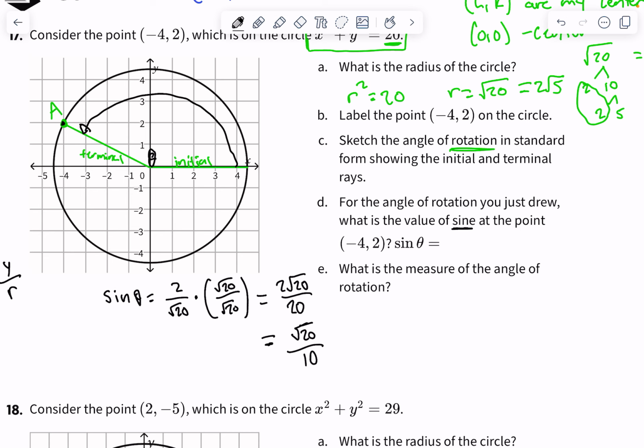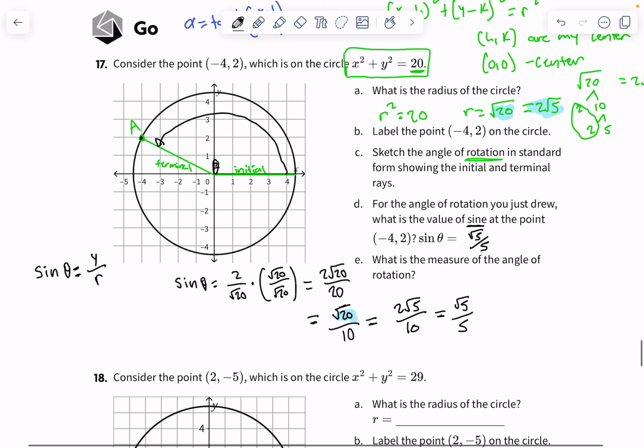And now we know that square root of 20 is 2 square root of 5. So 2 square root of 5 over 10 is just going to be equal to square root of 5 over 5. Okay, so this is square root of 5 over 5.